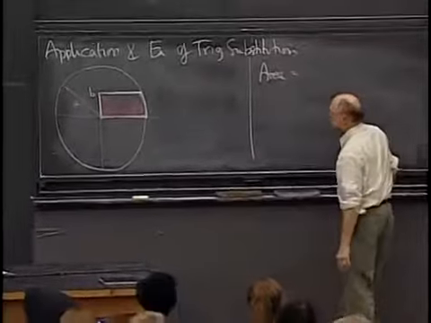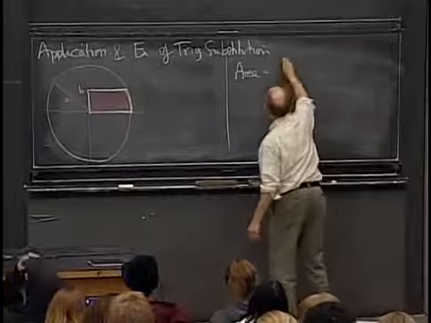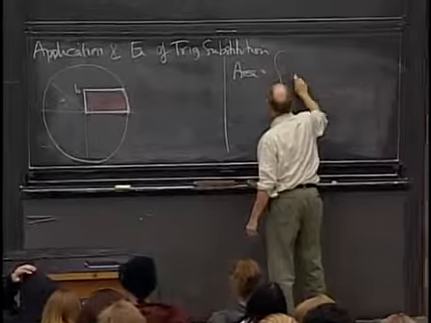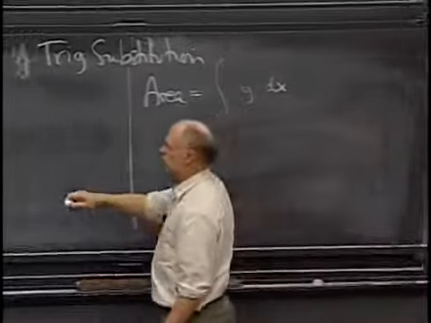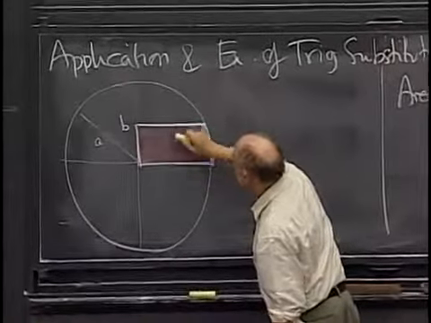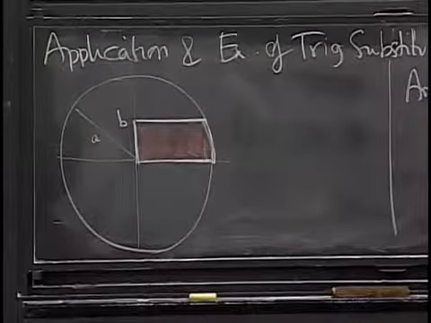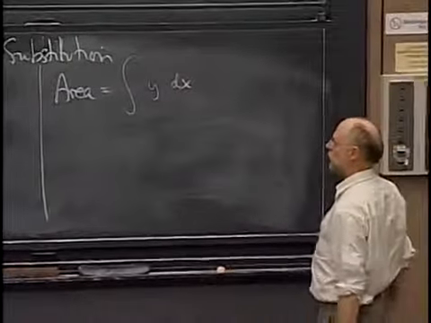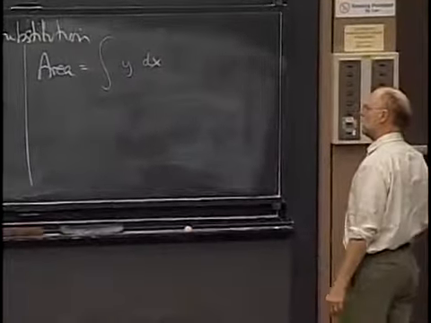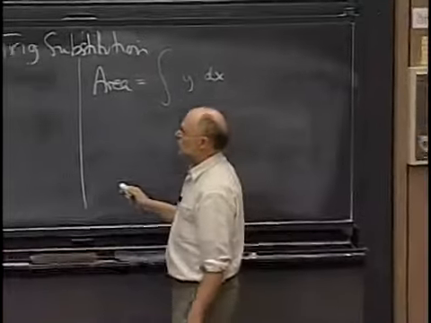well, I guess one way to compute the area would be to take the integral of y dx. I think you've seen the idea of splitting this up into vertical strips whose height is given by a function y of x, and then you integrate that. That's an interpretation for the integral. The area is given by y dx.